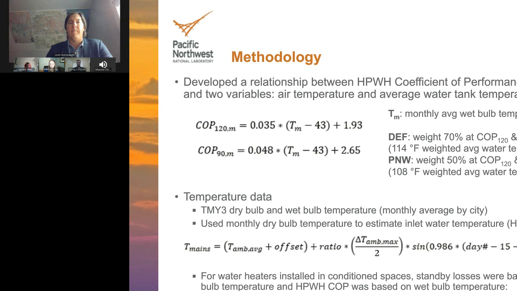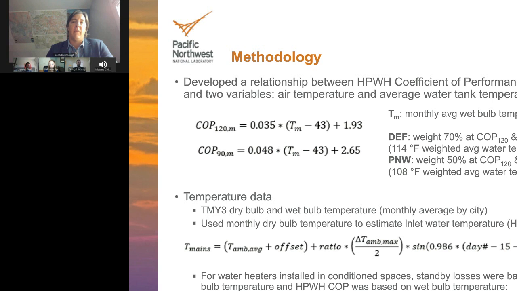The basic assumption I had was that the air temperature surrounding the water heater was equivalent to the outdoor wet bulb temperature for heat pump water heater COP and the dry bulb temperature for standby loss in the unconditioned spaces.